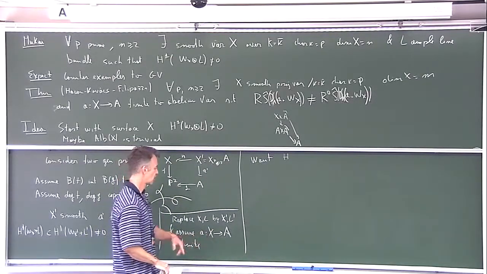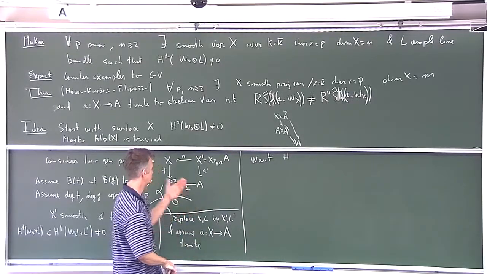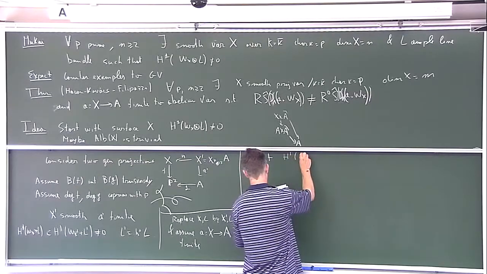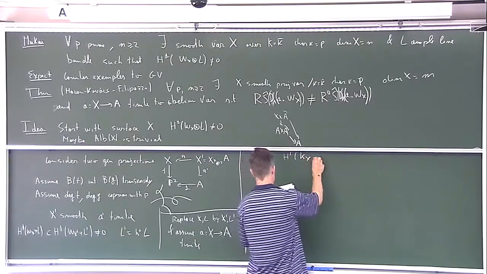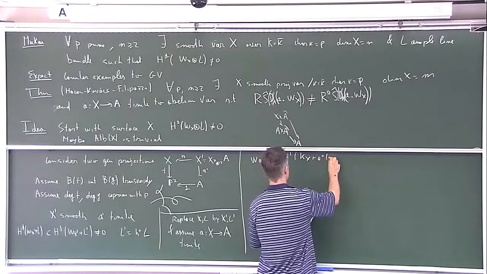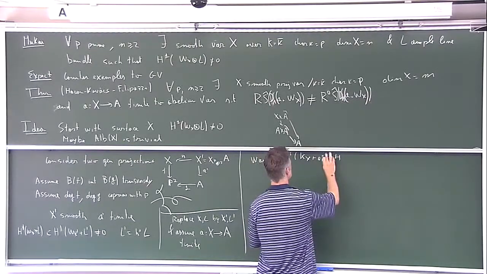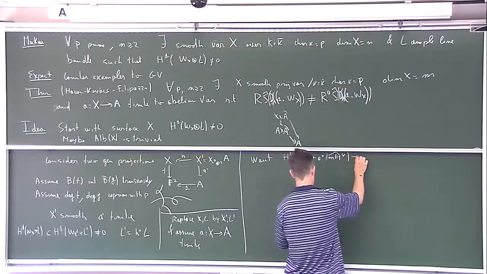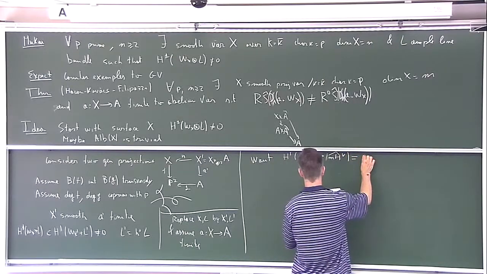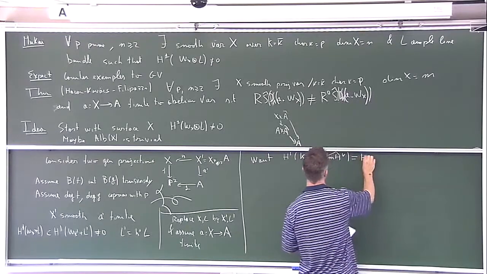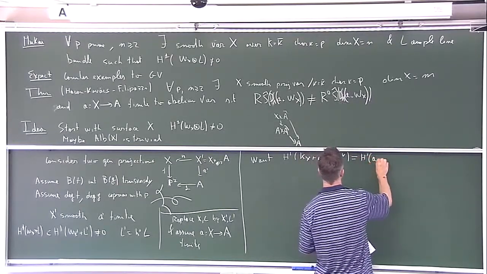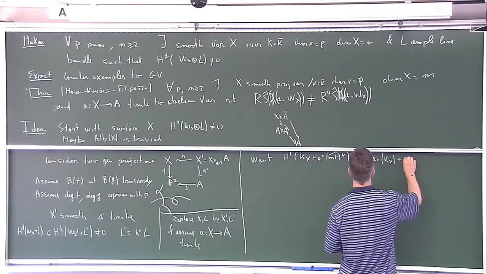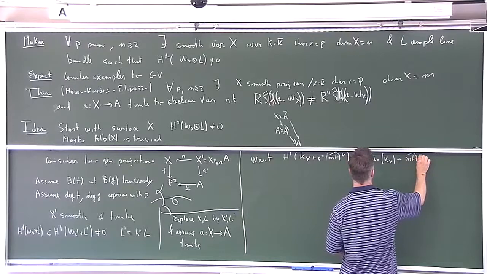Okay, so we do have that H1 of Kx plus L is non-zero, but what we want is H1 of Kx plus A upper star M tensor H hat dual, which is equal to, well, one or the other, doesn't matter, A lower star Kx plus M H hat dual.